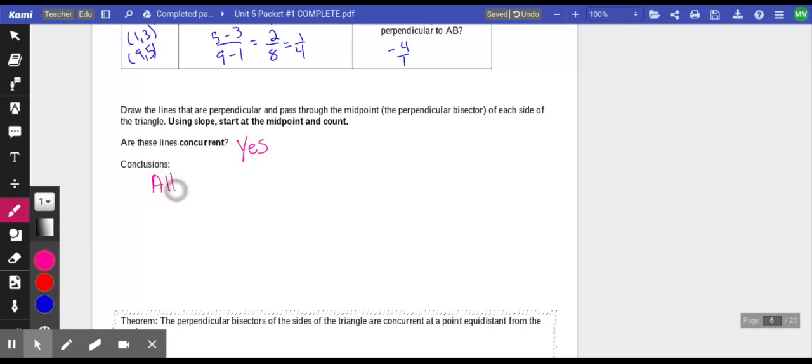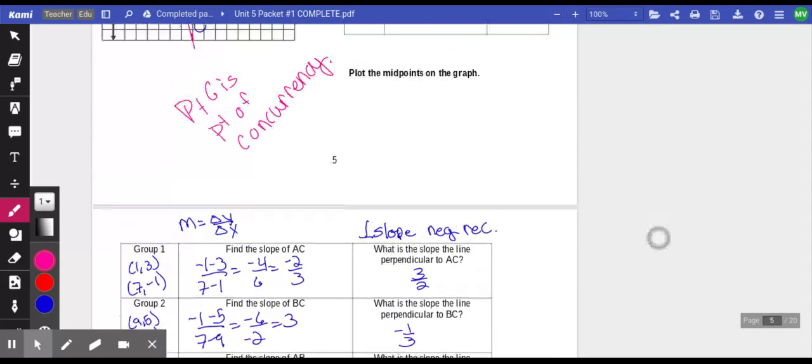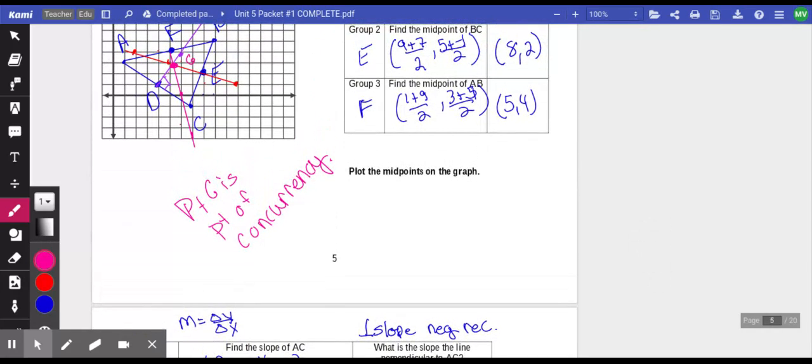All 3 perpendicular bisectors intersected at a single point. And I don't think it was a point that we can easily tell. Although, perhaps some of my points are just slightly off. Oh no, it shouldn't be through there. So, it's definitely that point.